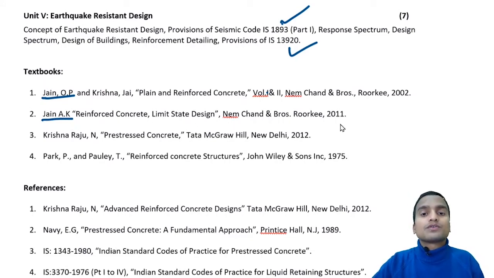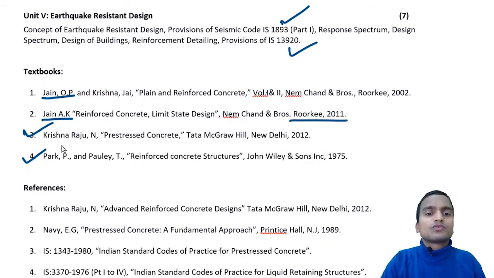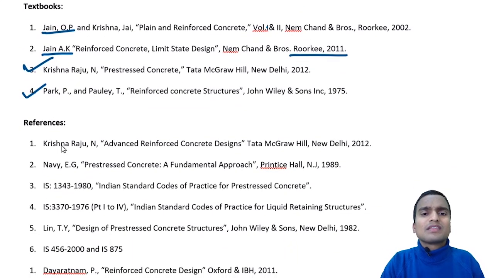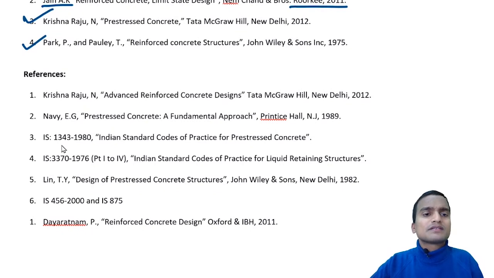Professor AK Jain sir was also from IIT Roorkee, so it is the same publication, you can refer to any of the books. This Krishna Raju book is the best book for unit 1. And this is a foreign author's book, so there is no need to refer to that because time is less.